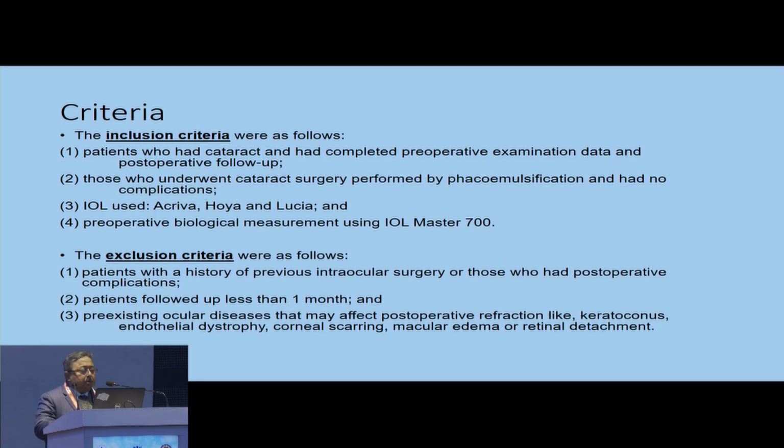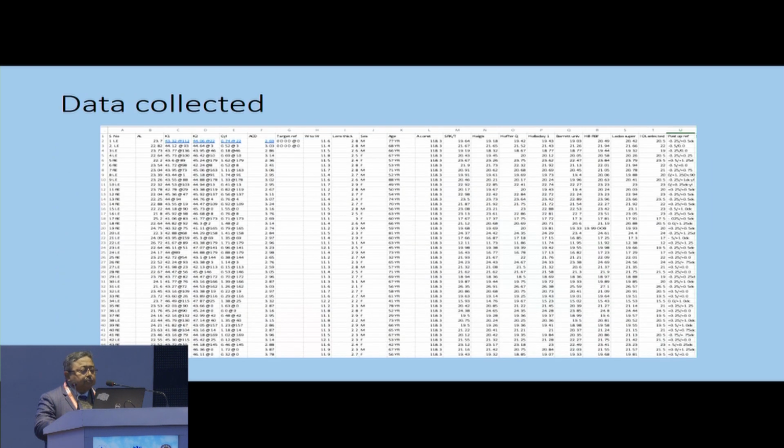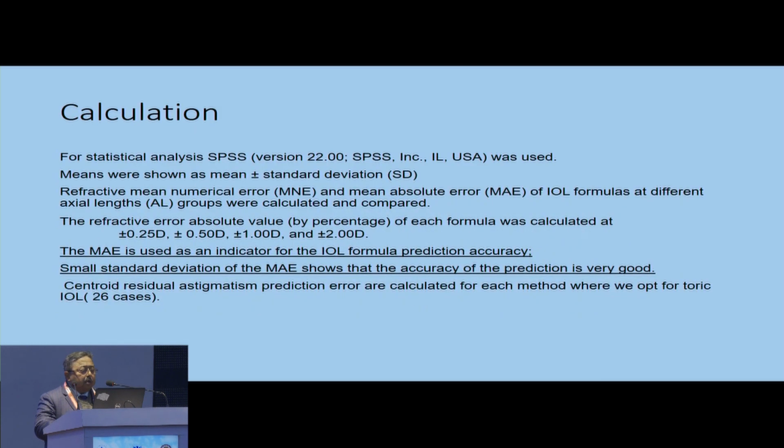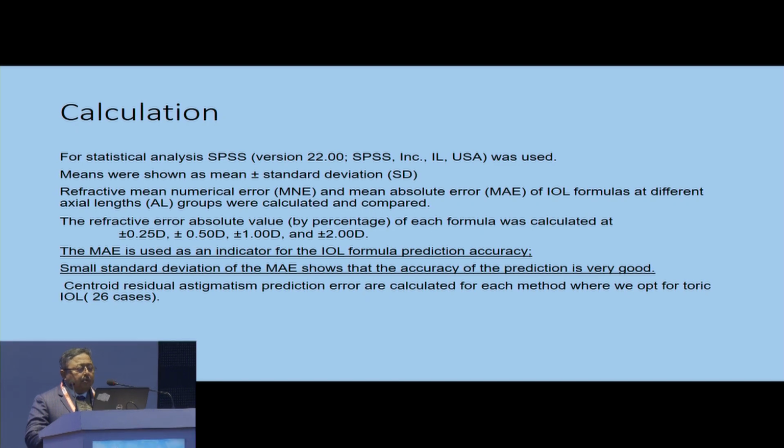267 patients are included in this study. This is the data collected from my study, and the calculation is done by the statistical software SPSS. Means were shown with the standard deviation. Refractive mean numerical error and mean absolute error of the IOL formulas at different axial length groups are calculated and compared.